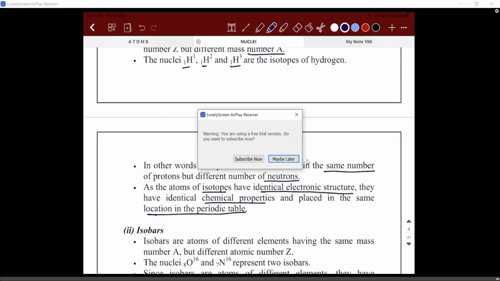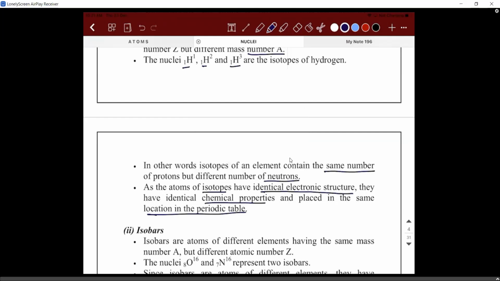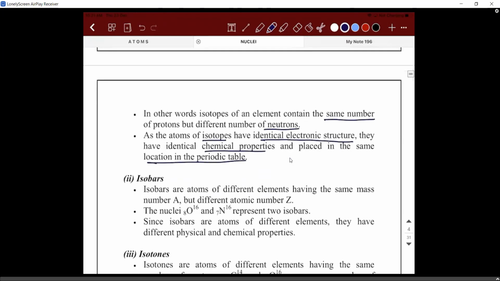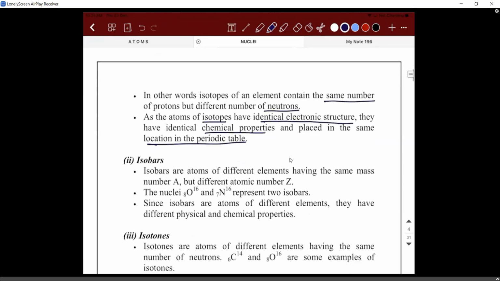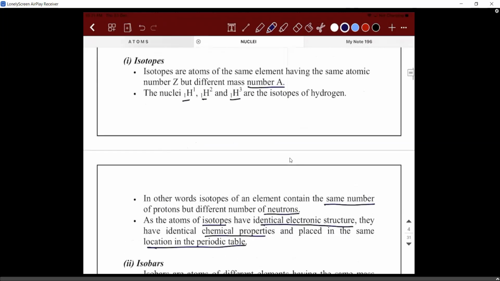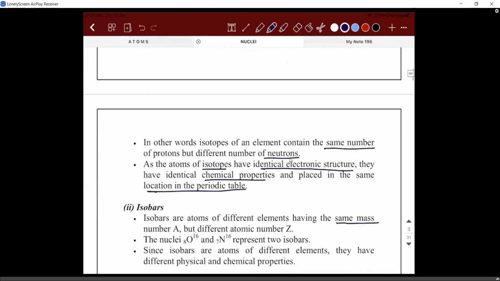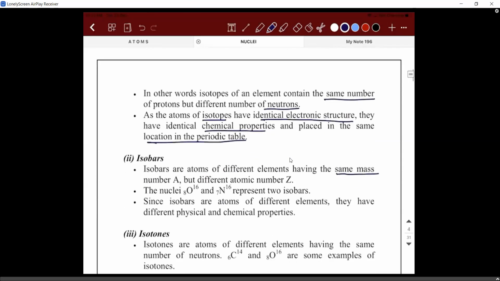So what about the next one? What are isobars? Same atomic mass but different atomic numbers. They have the same number of nucleons but a different number of protons, and are atoms of different elements. Isotopes are the atoms of the same element. Isobars are the atoms of different elements which have the same mass number but different atomic number.